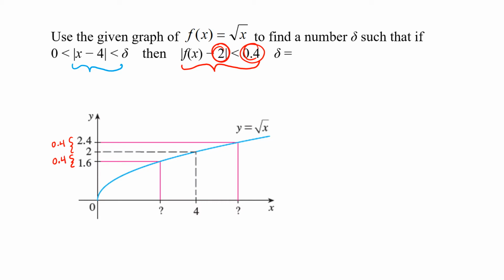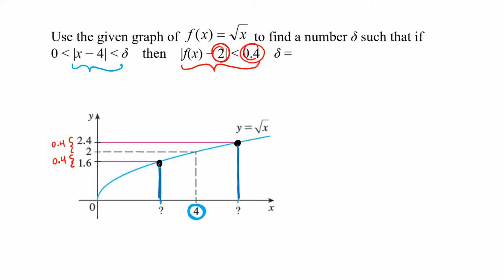Now we need to find the distance between 4 and these bounds here, because we see that our error bands intersect with the function here and here, and we want to know the inputs that will land us within this band.